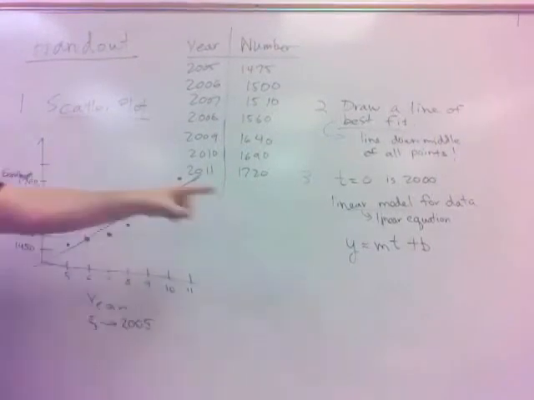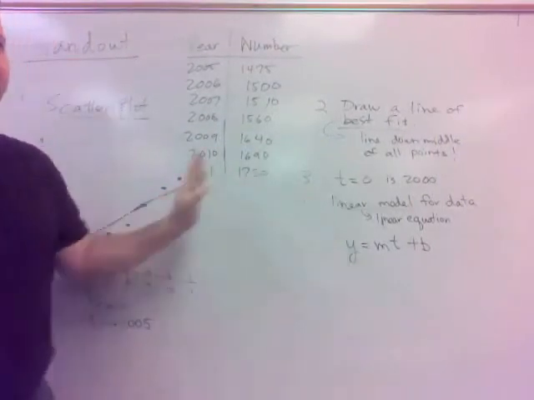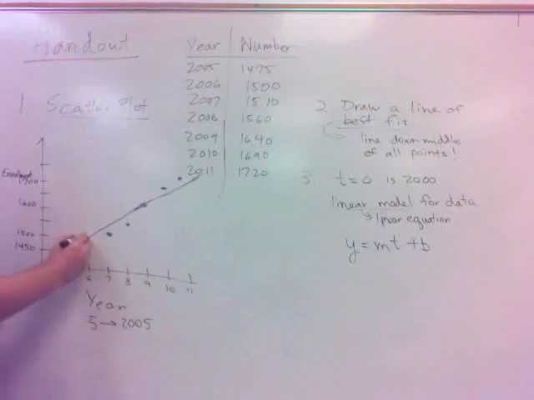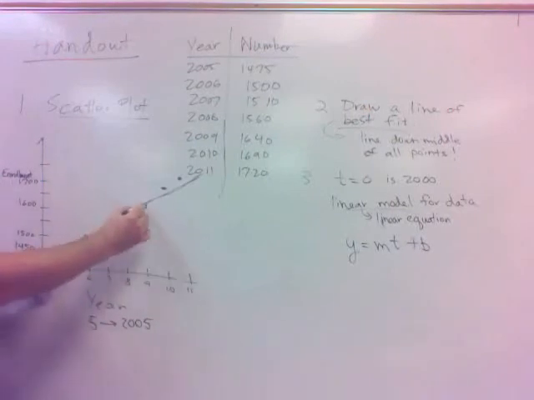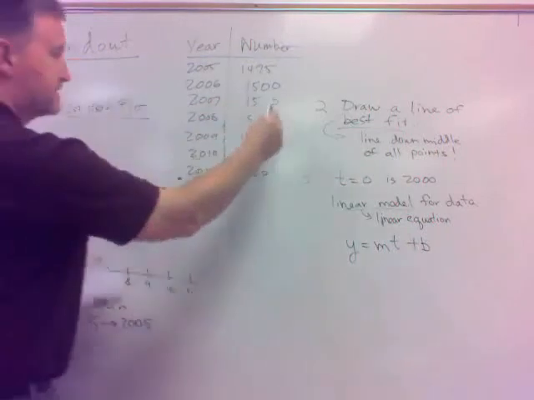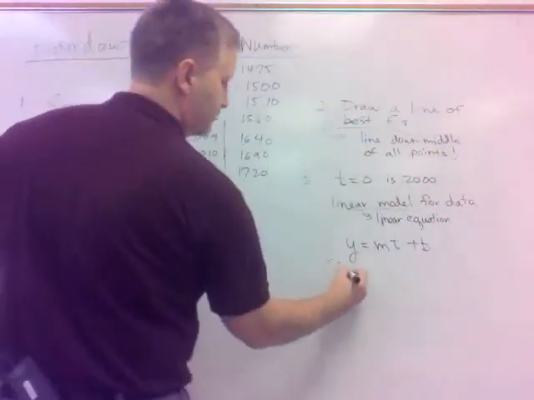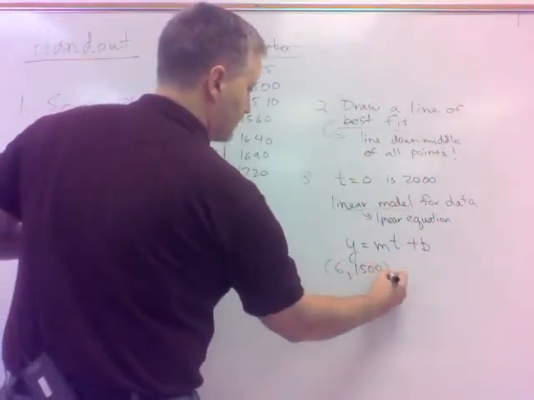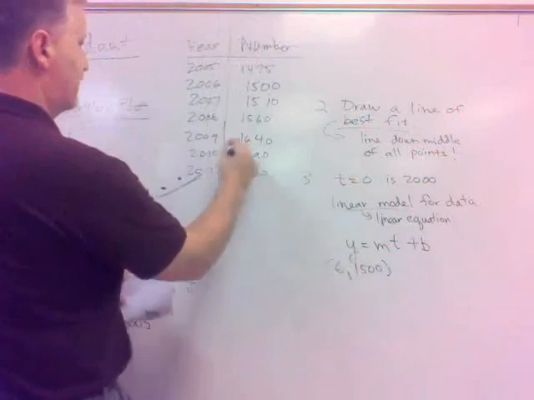Now, how do I get such a thing out of, well, that's where these points come in. In my case, I used the 6 and the 9 points, which the 6 is 1,500 and the 9 was, what, 1640?